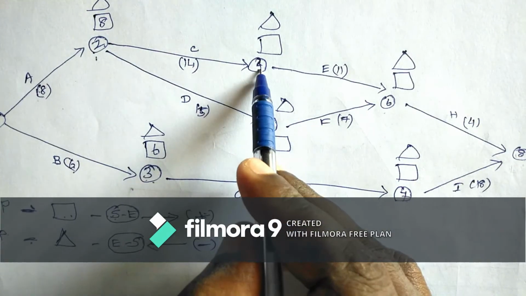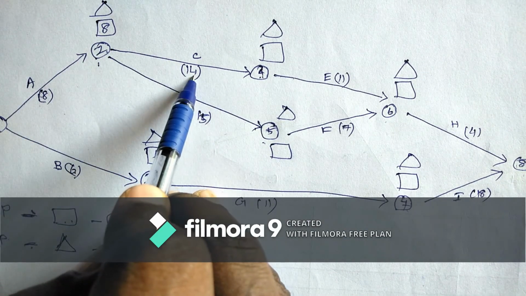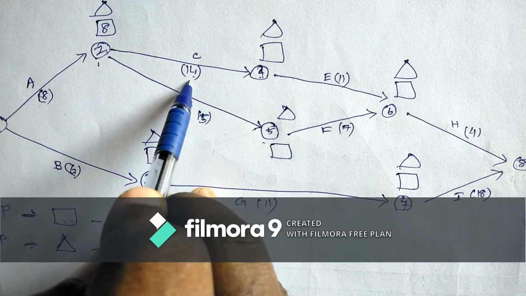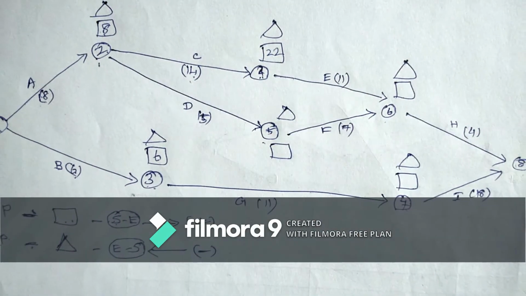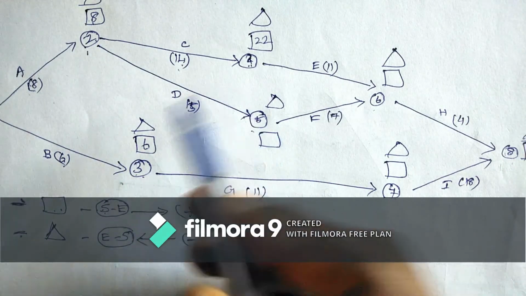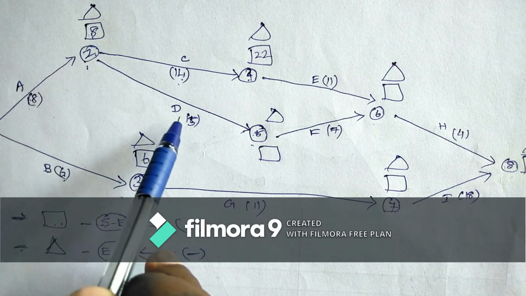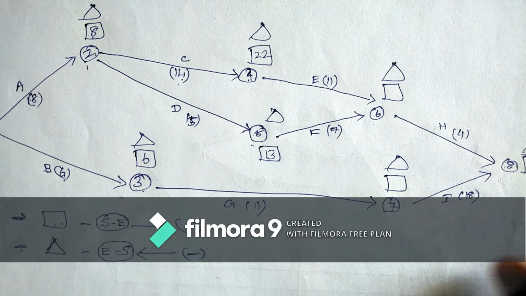For the fourth one, previous value 8, current value 14. So 8 plus 14, 22. Fourth one over. Now the fifth one. For the fifth one, previous value 8, current value 5. So 8 plus 5, 13.